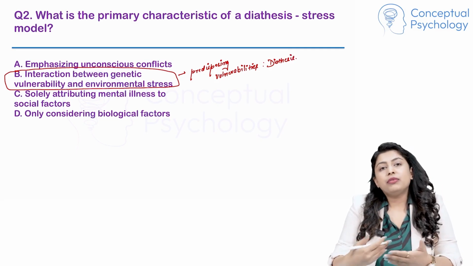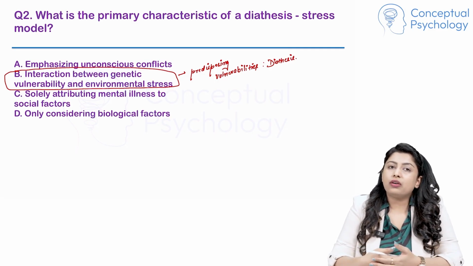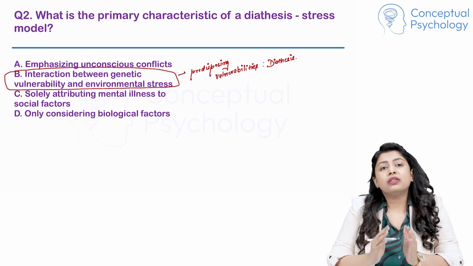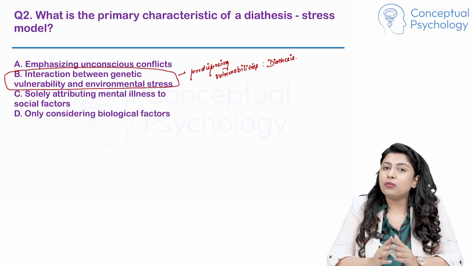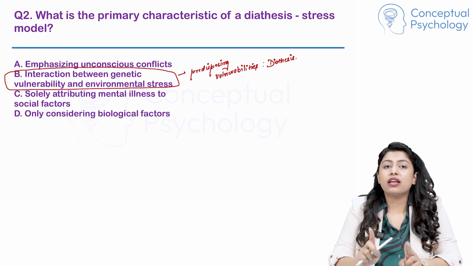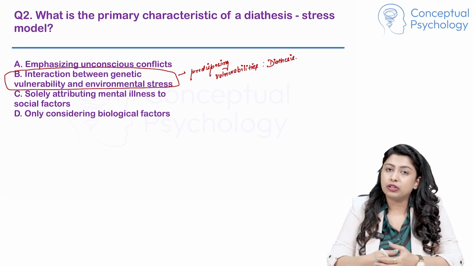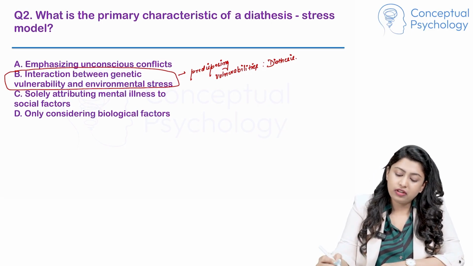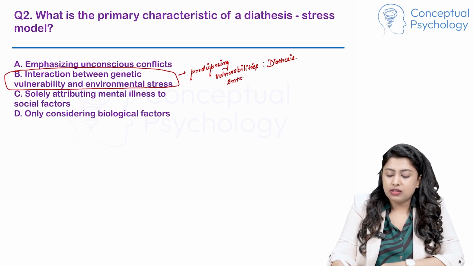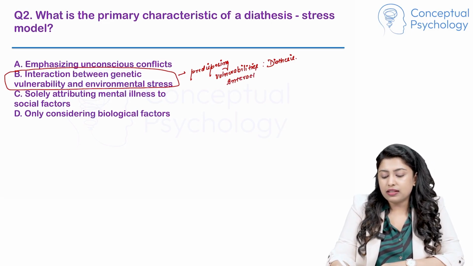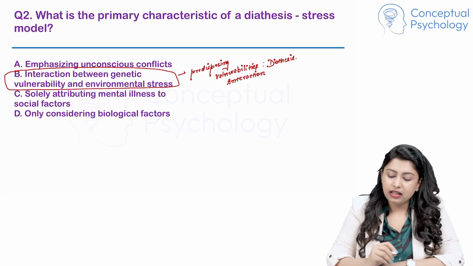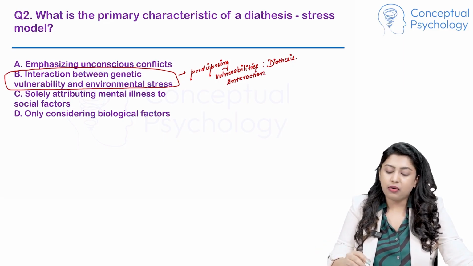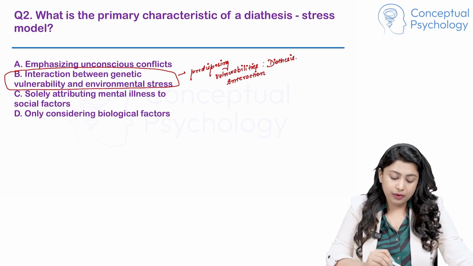These can be genetic, biological, or psychological, and even environmental stressors. So this model suggests that neither vulnerability alone nor stress alone is sufficient to cause psychopathology. Rather, it is their interaction that triggers the onset of mental illnesses. So stress alone cannot be the factor, but rather its interaction with the vulnerabilities causes mental illnesses.